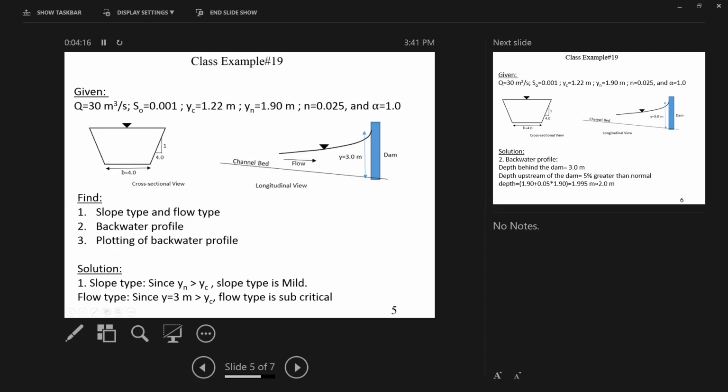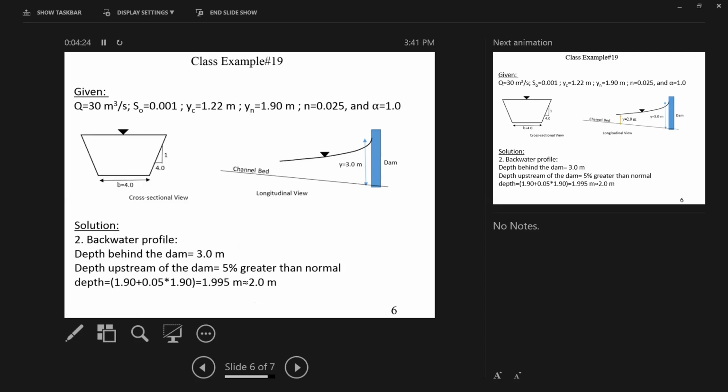For today's lesson, we will start from the backwater profile. How can we calculate the backwater profile, and up to which point will we calculate it? They mentioned you have to calculate the backwater profile up to 5% greater than normal depth.